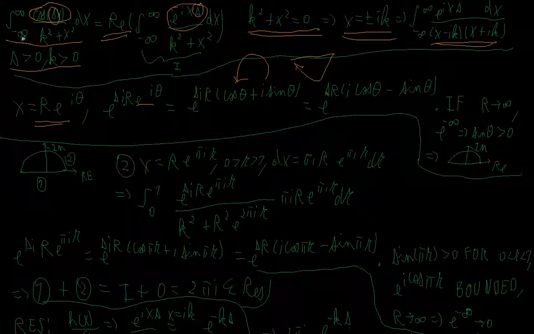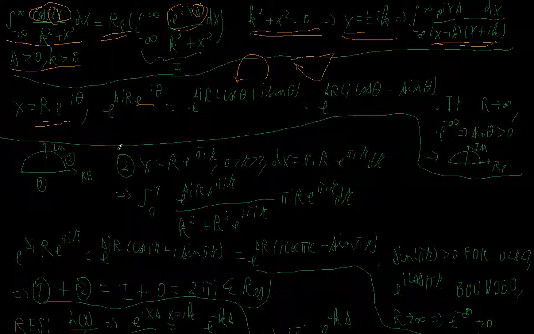There should be no pi. We let x be equal to r times e to the i theta. And so we place that x inside e to the ixs. Okay, so we get e to the s i r e to the i theta.